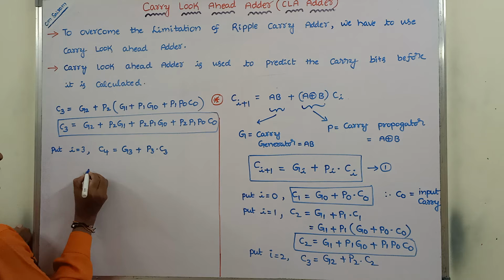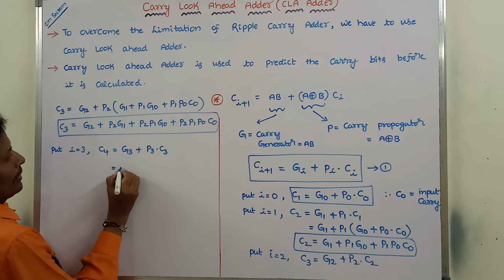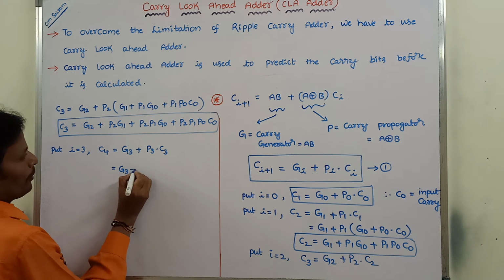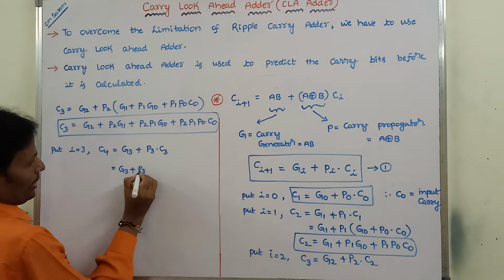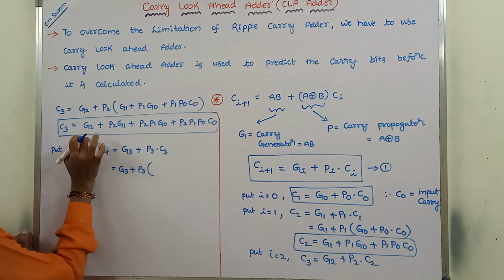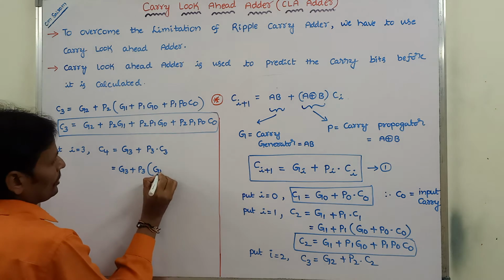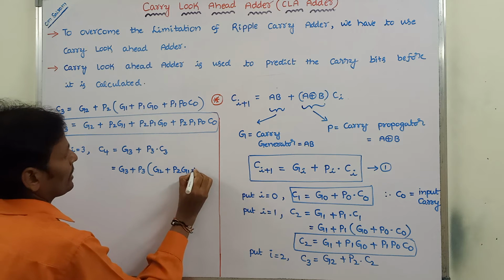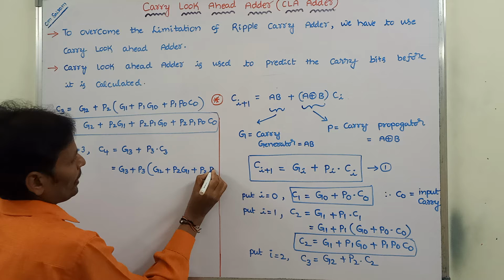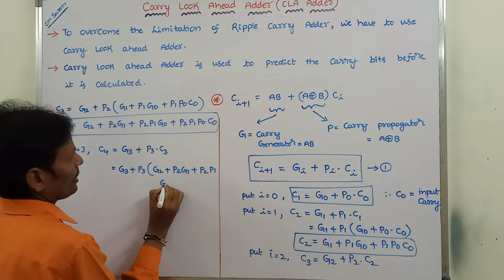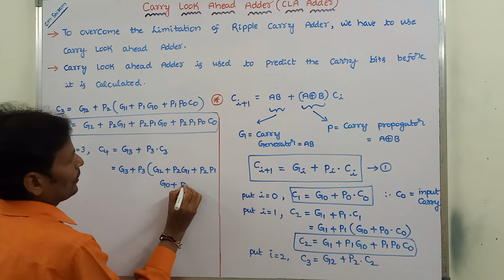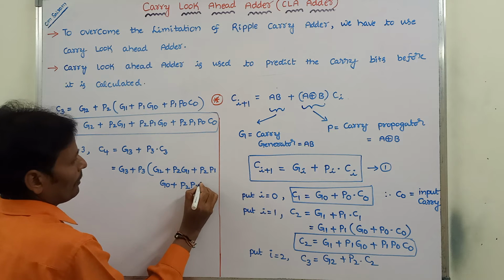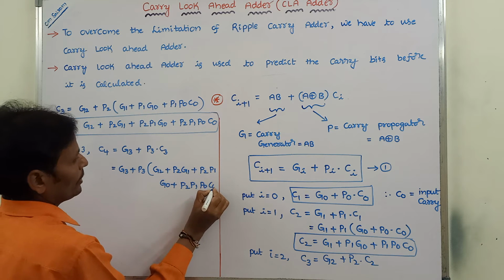Then it becomes G3 plus P3 into, what is the C3 value here? G2 plus P2 G1 plus P2 P1 G0 plus P2 P1 P0 into C0.